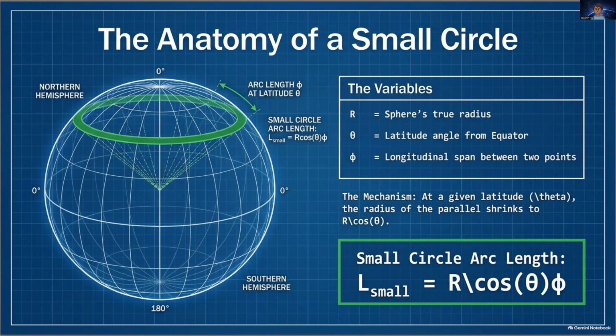If we would like to do the ratio of small circle to great circle, the anatomy of the small circles in the northern hemisphere: the arc length at latitude theta of a small circle is r cosine theta times phi, where phi is the length of the arc in radians, and theta is the radial angle from the equator. Phi is the longitude span between two points.